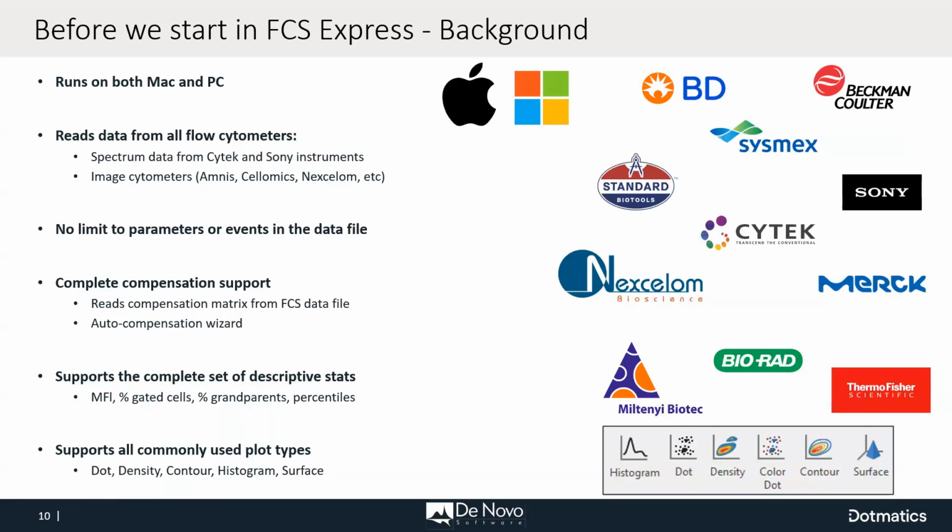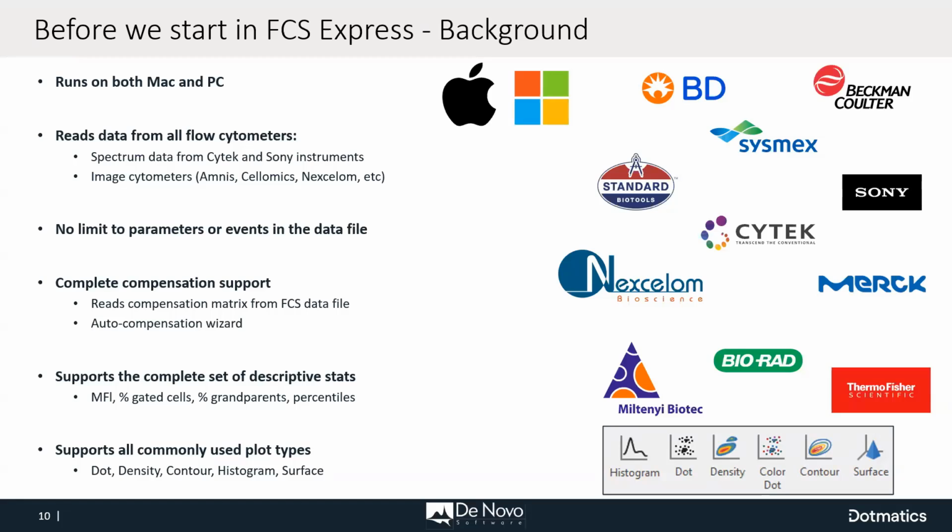capabilities. And before we jump into FCS Express, so we can take a look at some of these efficiencies and functionality, I always think it's important to discuss that FCS Express runs on a Mac or a PC, and it's interchangeable. You can send data from your Mac over to your PC and back and forth. We're going to read data from every cytometer on the market, including specialized data reading for things like Cytek and Sony and Thermo instruments, image cytometry.